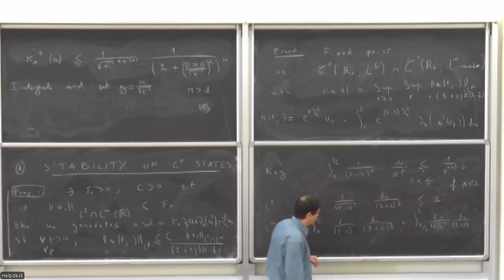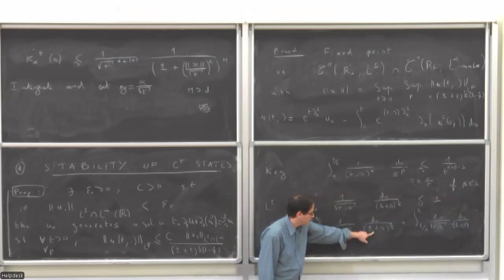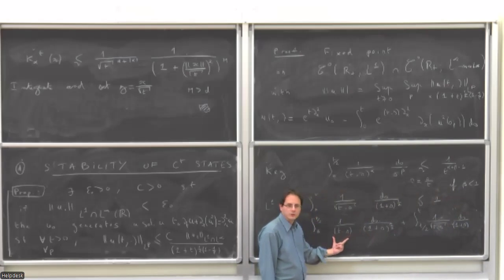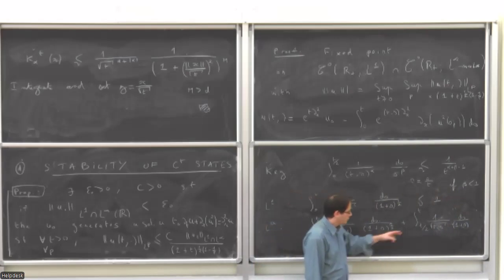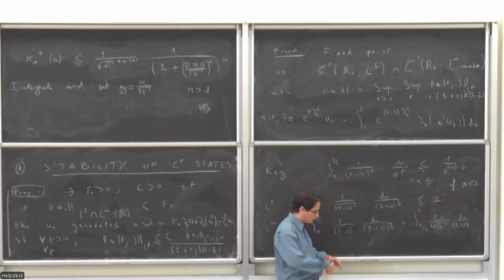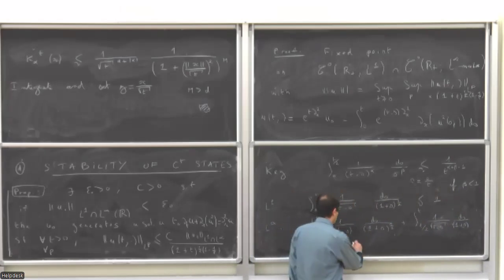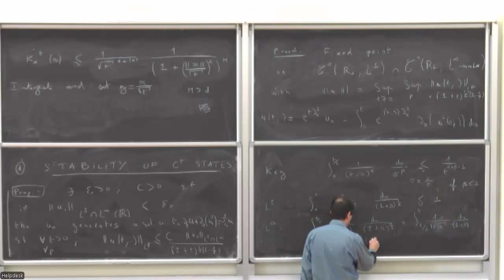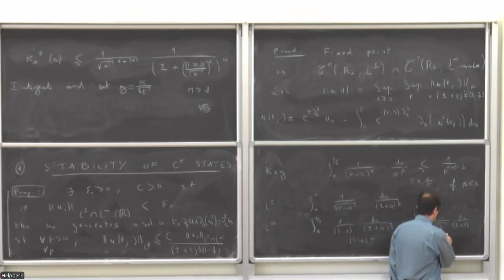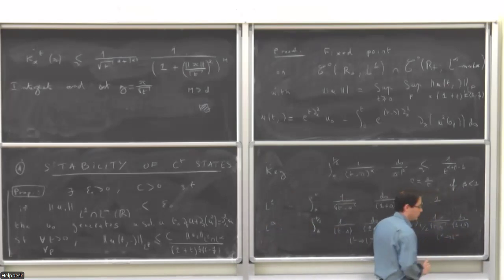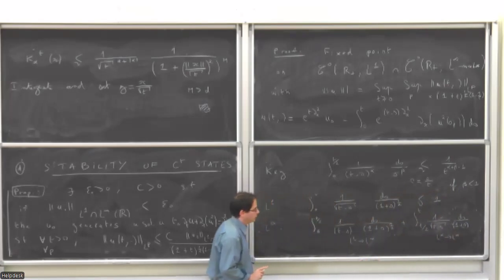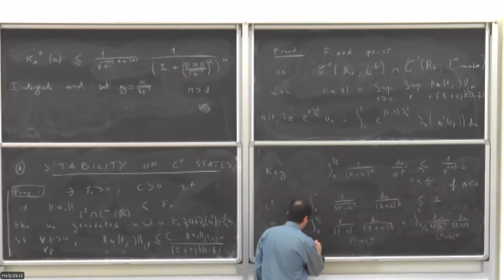When I'm trying to lower as much as possible, it just corresponds to the fact that here I'm using the L1 rate. Here I'm using the L infinity, and in the end, both are using the same.